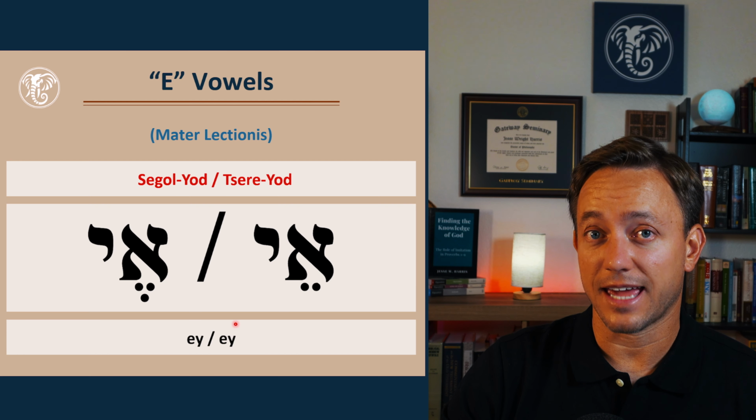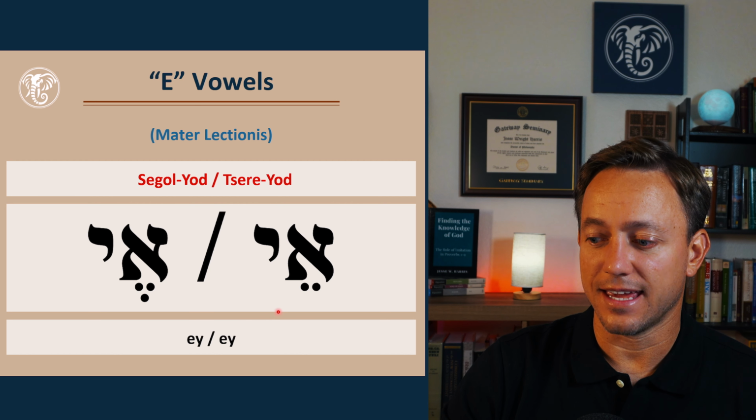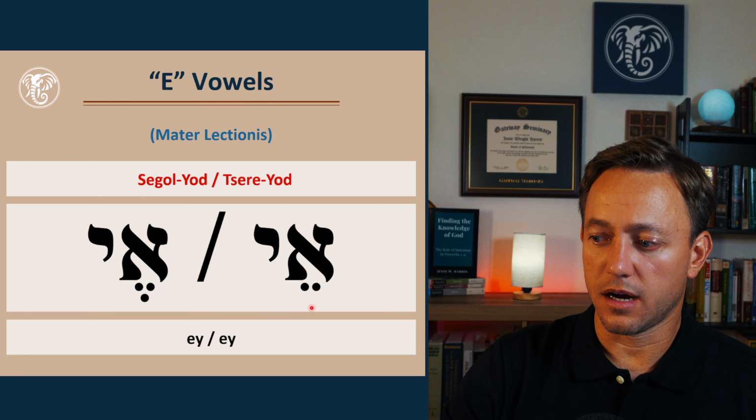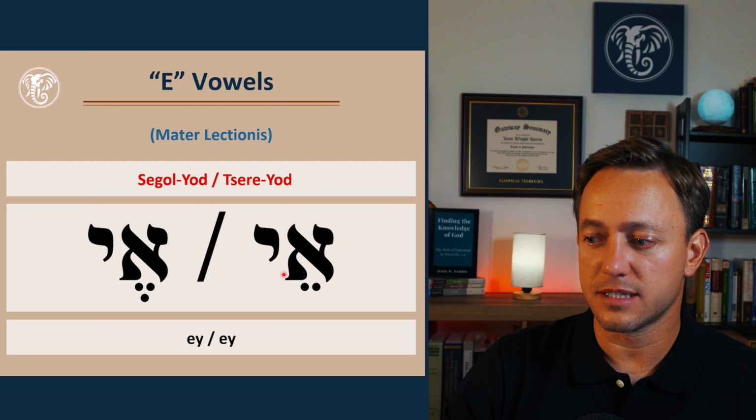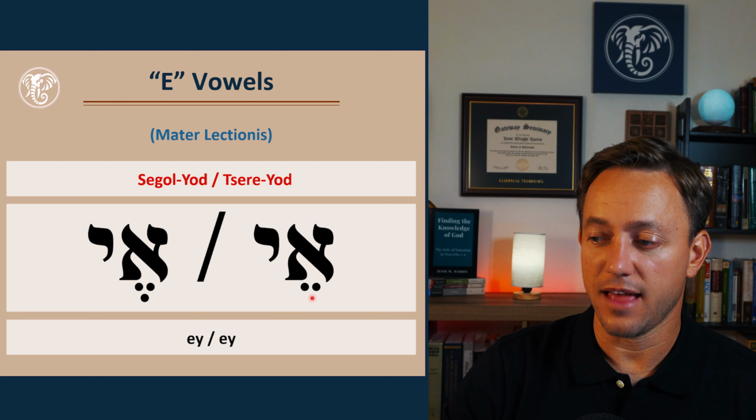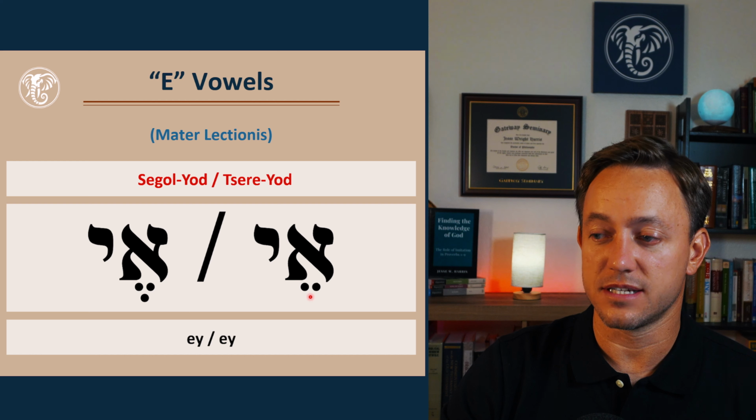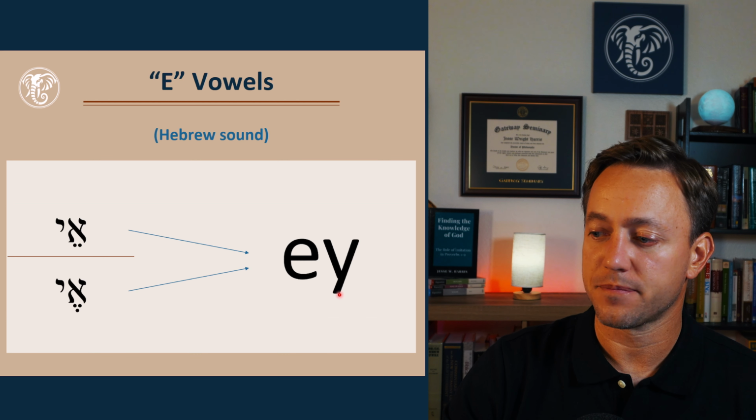They sound like A. All right? A. So when you come across these mater lectionis forms, just remember that it's a little bit of a different sound. It's the segol yod with the A sound instead of eh. So A versus eh. Okay?